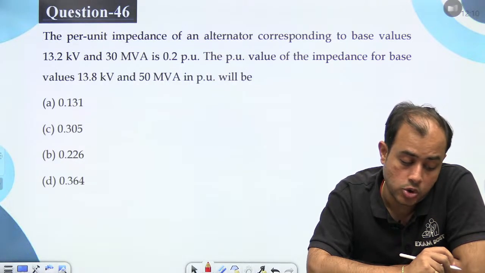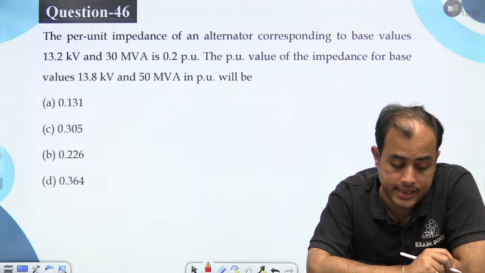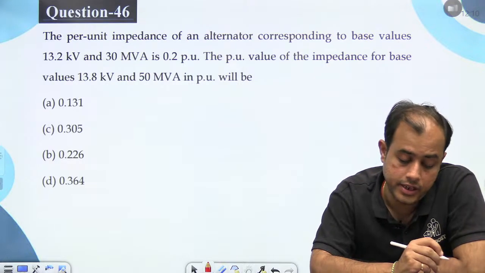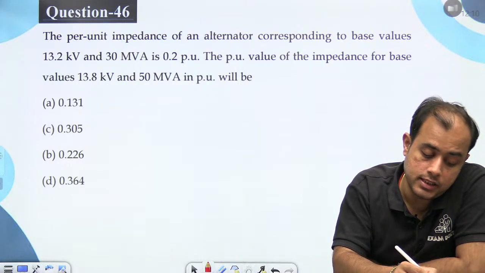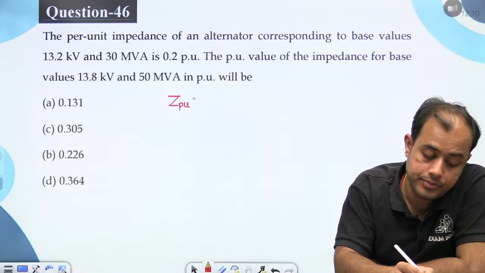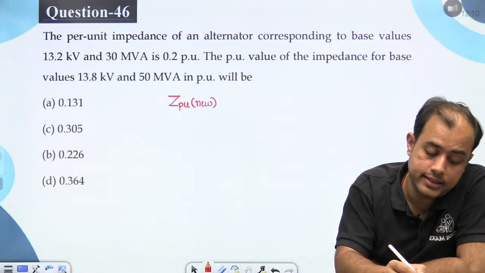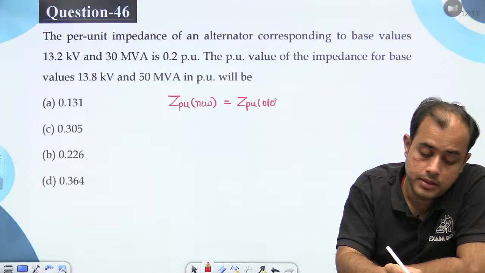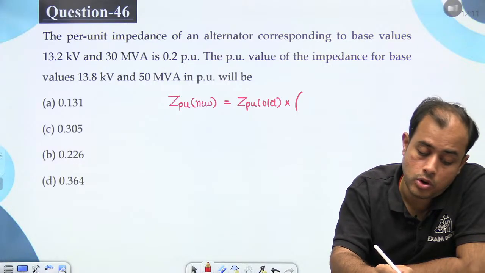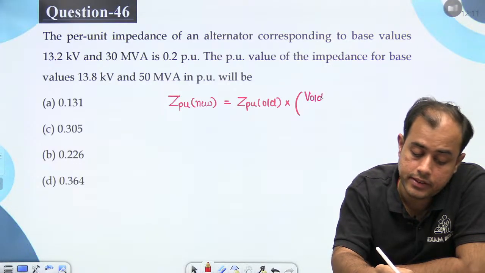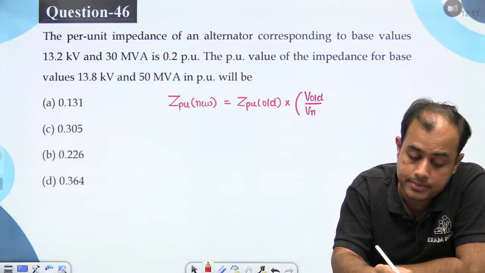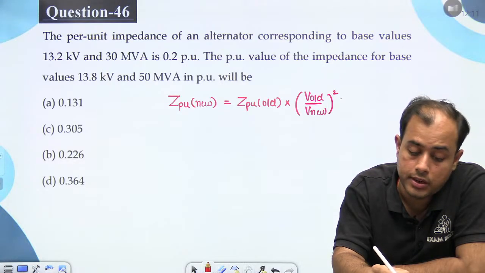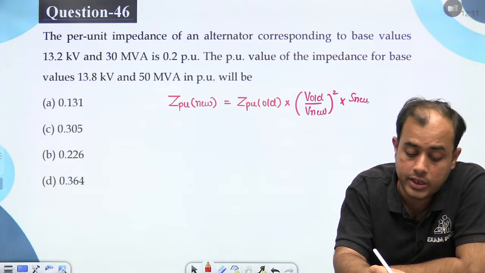ESE 2002, PU impedance of alternator is given, the PU impedance for a new base. So that is called as change of base. So the given base on which per unit impedance is given is called as old base, and the base on which we need to find the value is called new base.